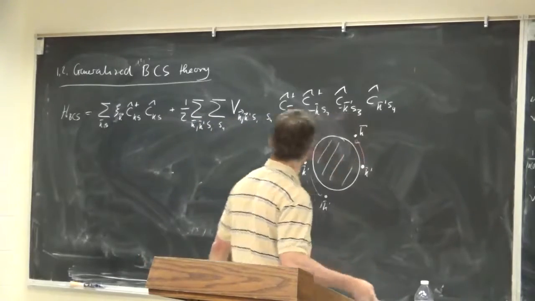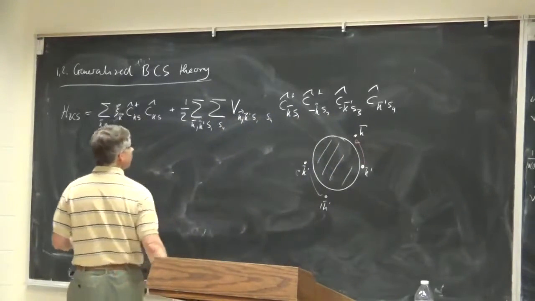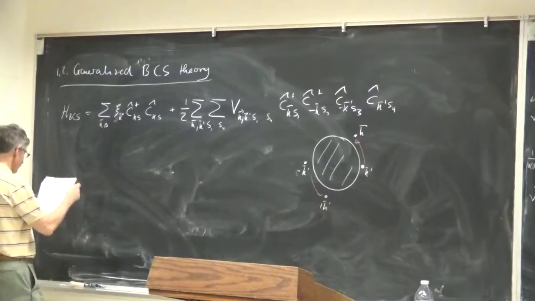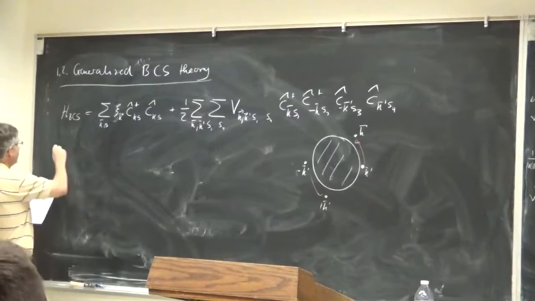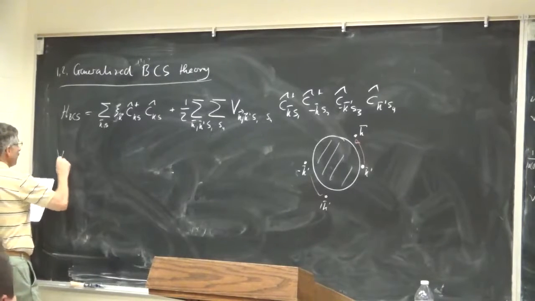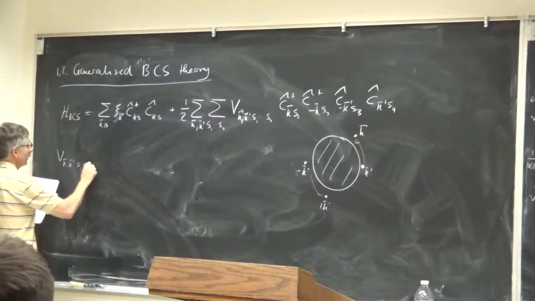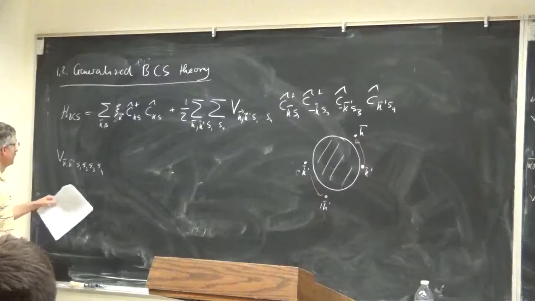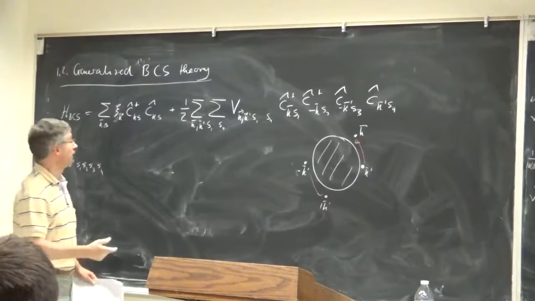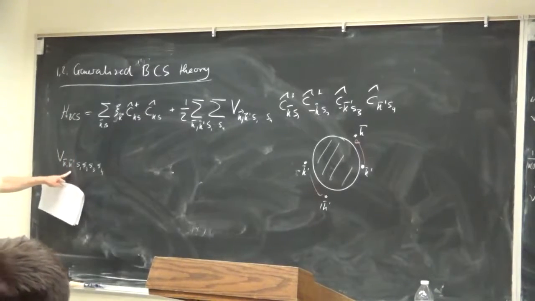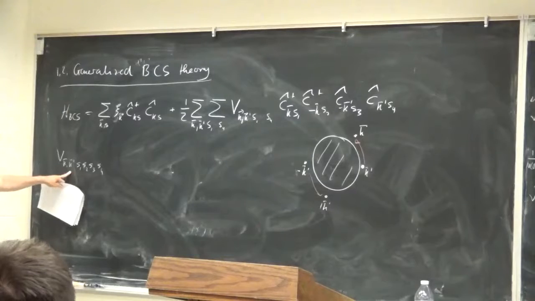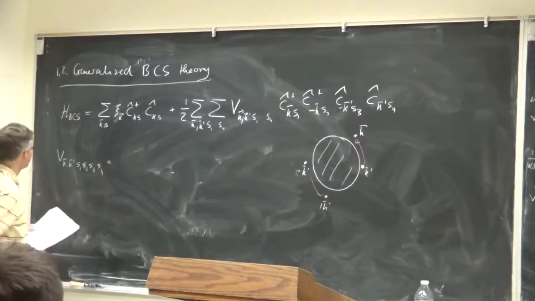So this V, k prime, S1 to S4, and so of course if you have this here, you see immediately this matrix element should satisfy certain conditions.